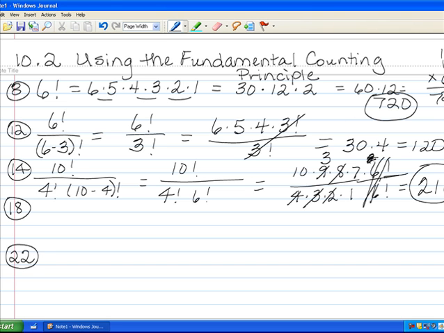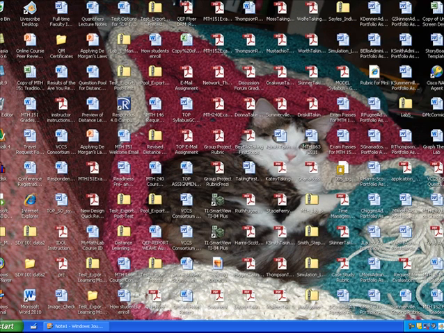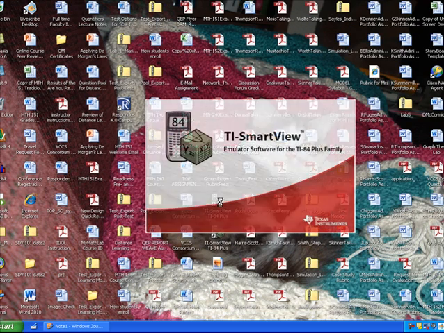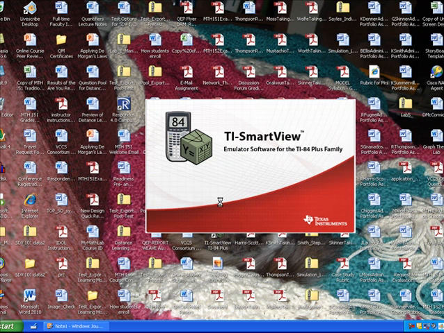Okay. Now let's take a look at number 18. It's 14 factorial. This time we're told we can use the calculator. So I'm going to use my TI-84, if I can get it to work. Let me go to my SmartView calculator so you can see that.